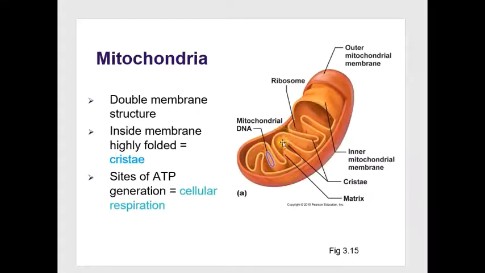We're going to learn eventually that it utilizes this inside membrane to maintain lots of different concentration gradients. It is what is responsible for making our cellular energy in the form of ATP.